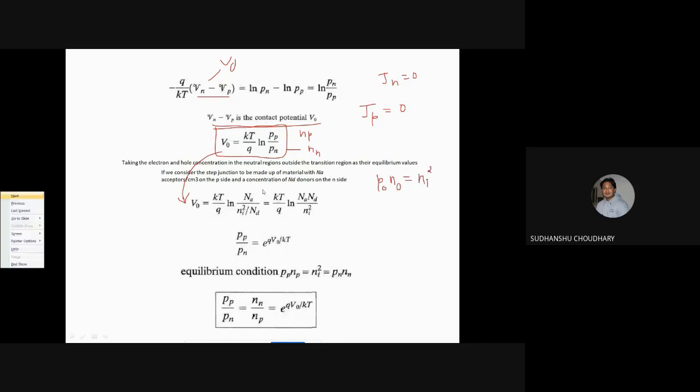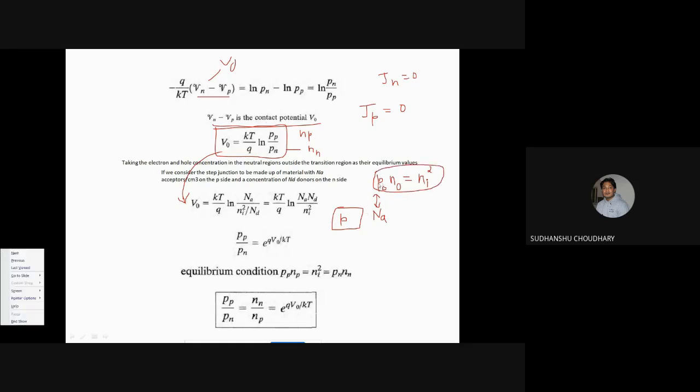Now in a p-type material, it is doped with acceptor impurities, and at equilibrium the total hole concentration in a p-type semiconductor is equal to the total acceptor concentration, considering all acceptor impurities have ionized.